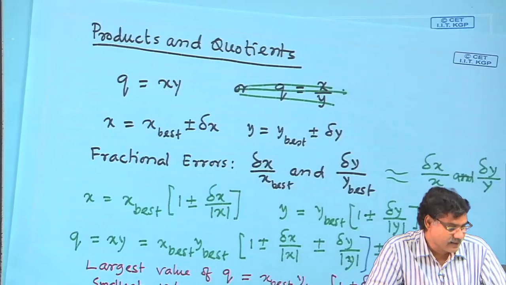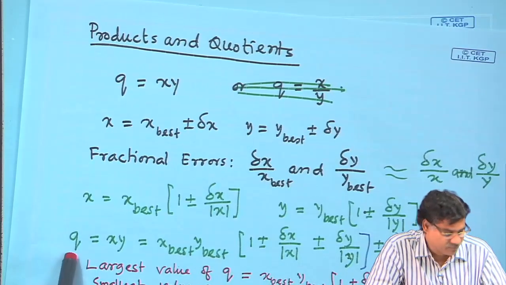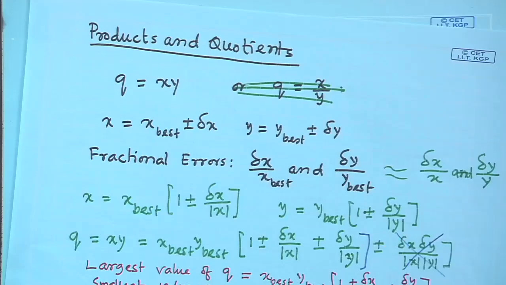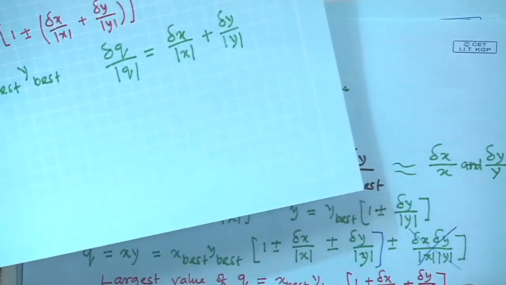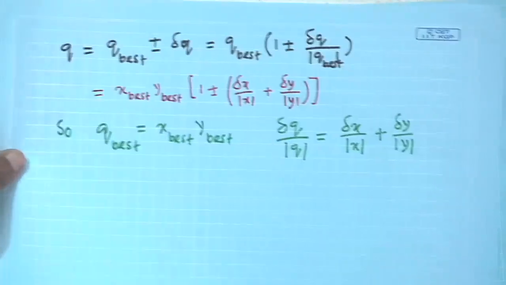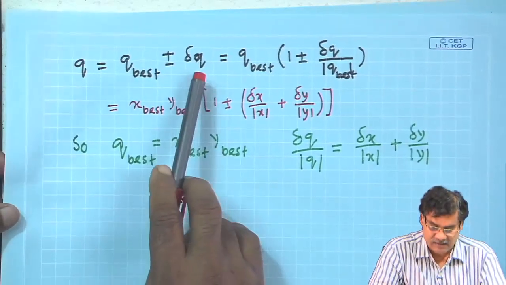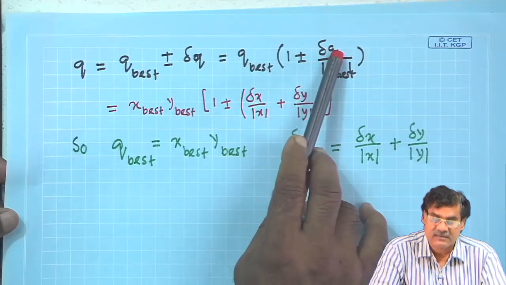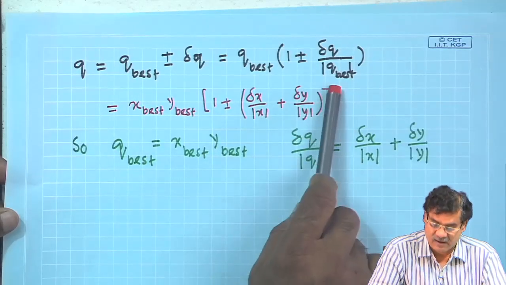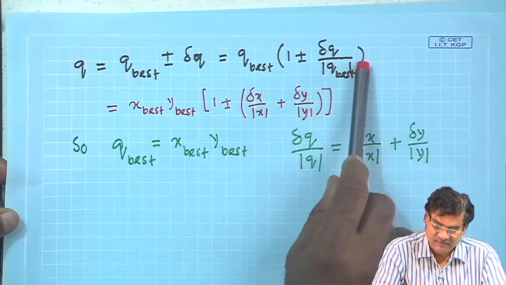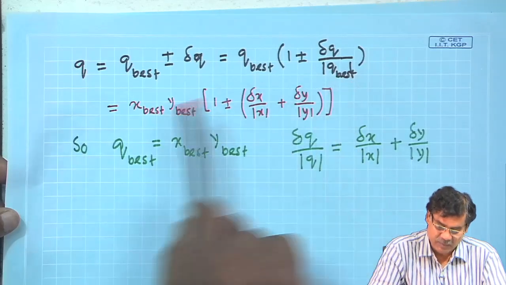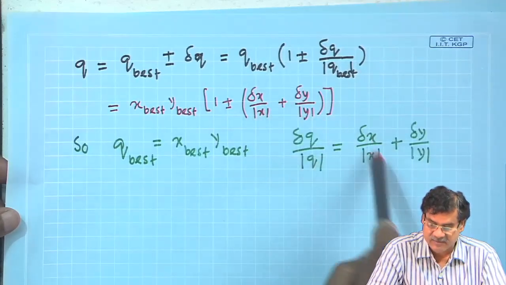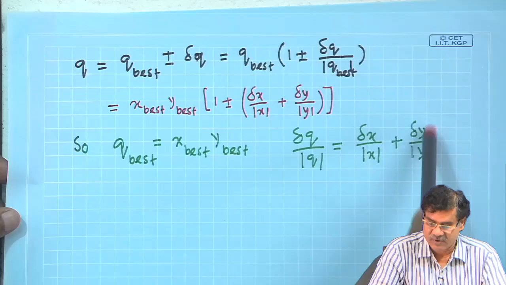So again you can write that q equal to q best plus minus delta q. If you compare, q equal to q best plus minus delta q equal to q best into 1 plus minus delta q by q best, in mod. So if you compare with this one, then you can see that delta q by q equal to delta x by x plus delta y by y.